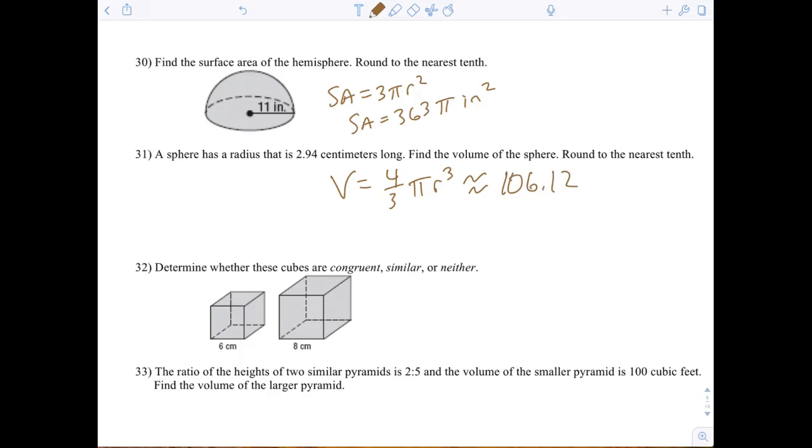About 106.12, 0.44, and then that would be centimeters cubed. All right, we're doing pretty good.